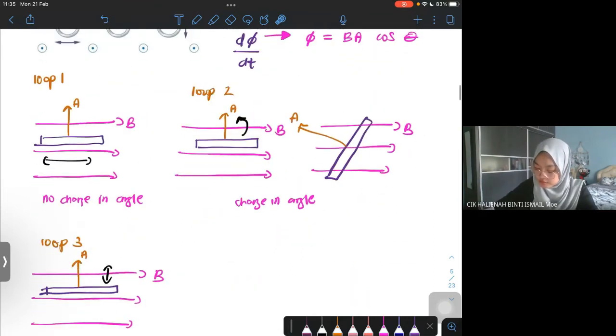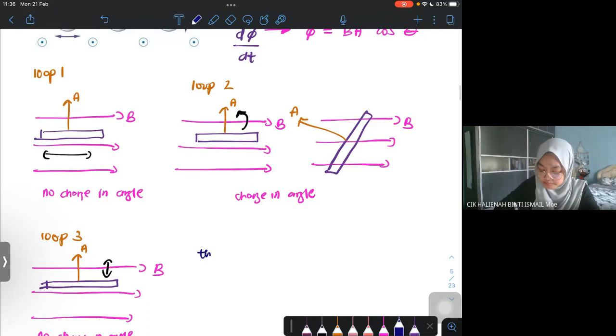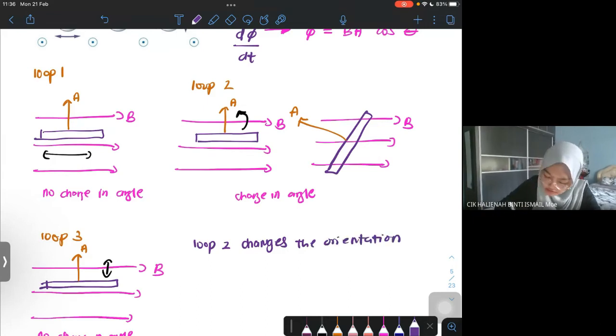Okay, so from here we can say that, not orientation, loop 2 changes the orientation relative to the field.